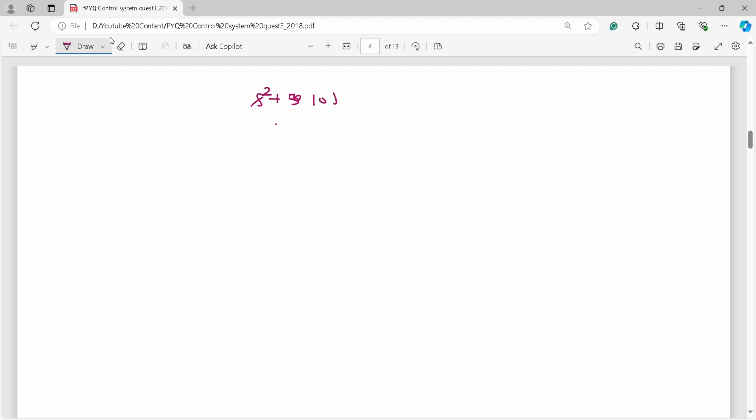If you apply the Sridhar rule, what is the Sridhar rule? This is a quadratic equation ax square plus bx plus c, where a is not equal to 0. Then only this quadratic equation will exist.